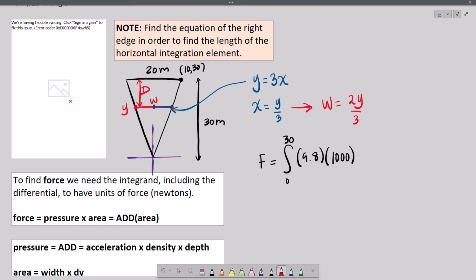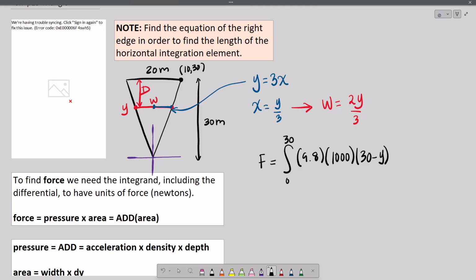That's our second D for depth. 30 minus y is going to be that depth. 30 is the height. It's kind of trippy, I know. It's very easy to grab the wrong number. The 20 is measuring that horizontal distance across the top base. Or I guess the triangle only has one base.